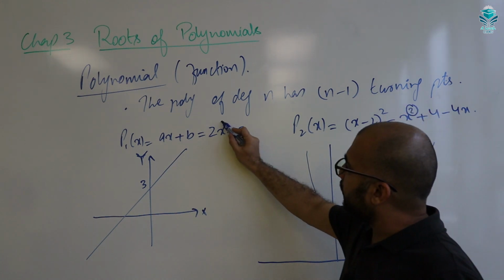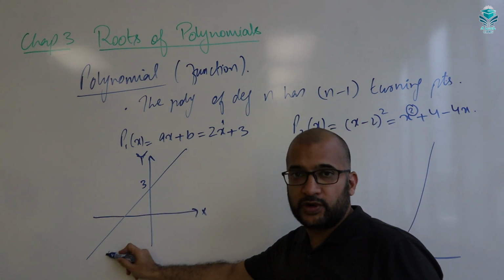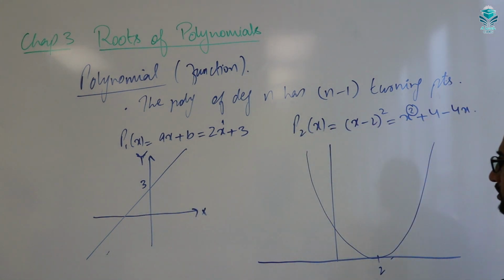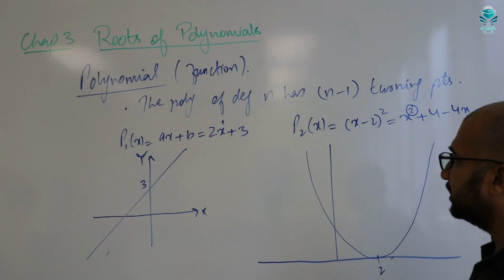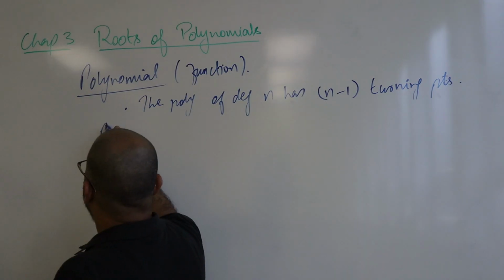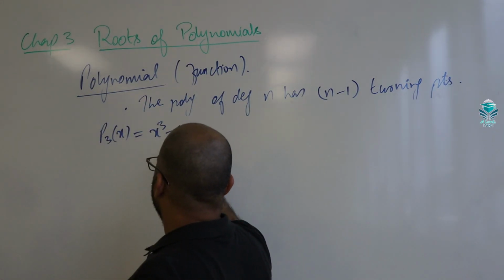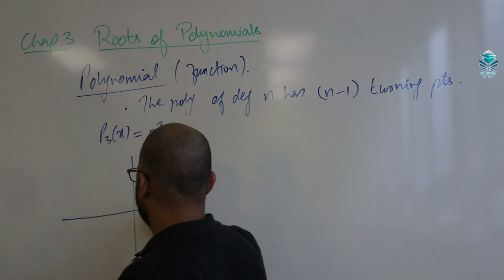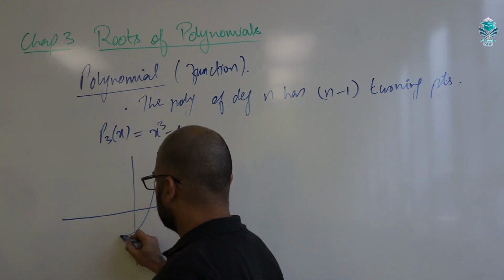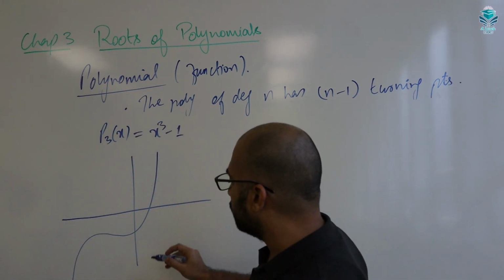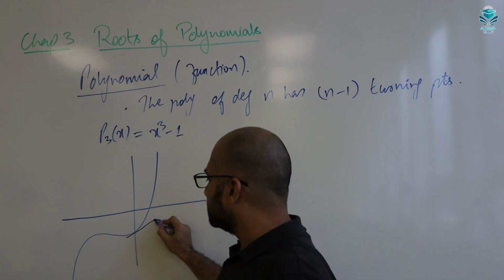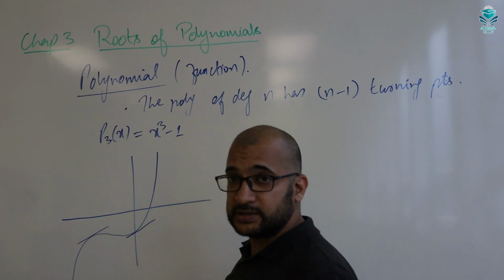This is a polynomial of degree 1, it has 0 turning points. So now we see the cubic polynomial and the quartic polynomial. For p3 of x, let's say x cube minus 1, it is a cubic polynomial, it has 2 turning points. One is this, second is this.